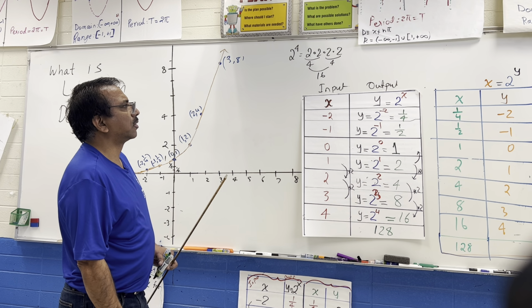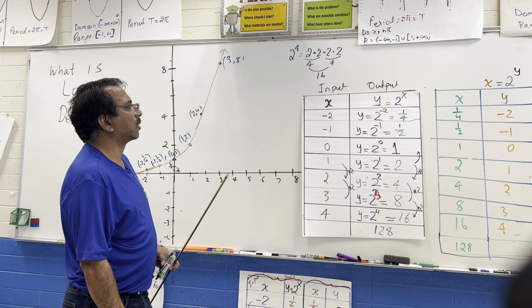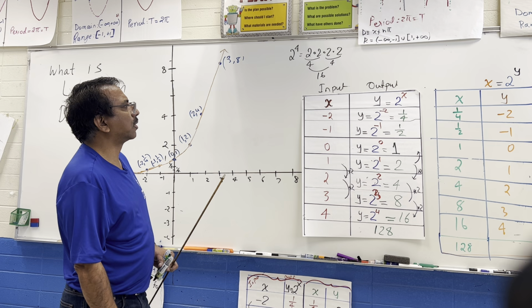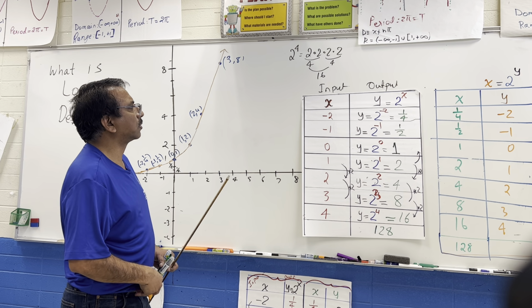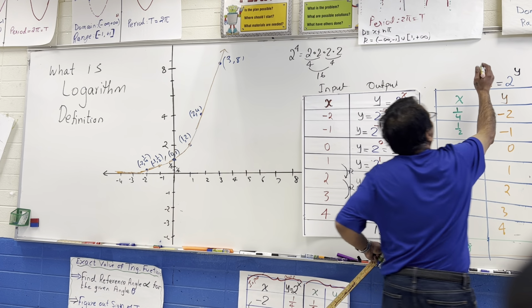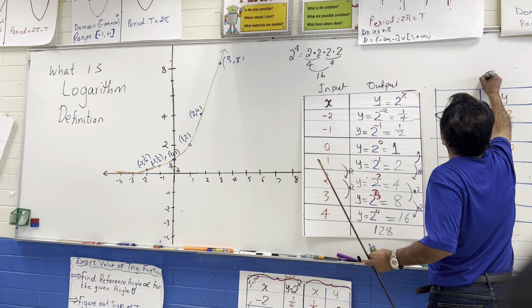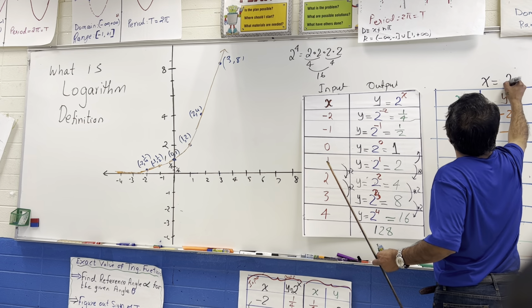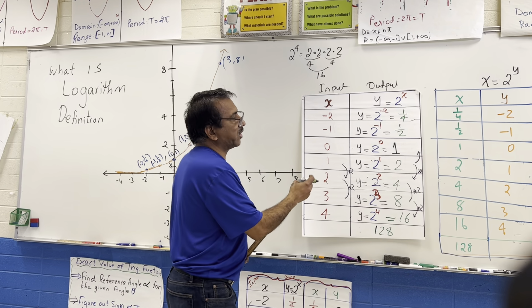Okay, I won't put the colors here. What I'm saying is, this is x equals 2 raised to y, okay? But I want to make sure we get it correct.